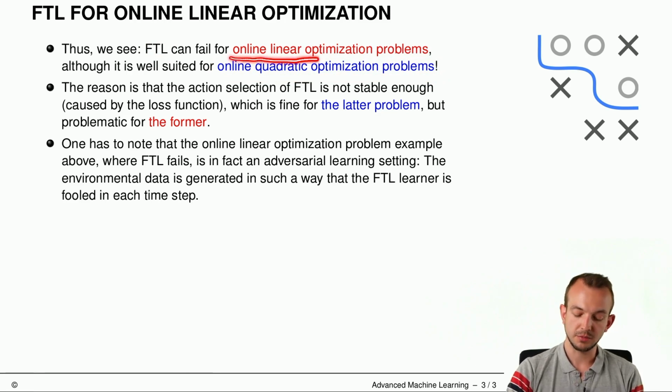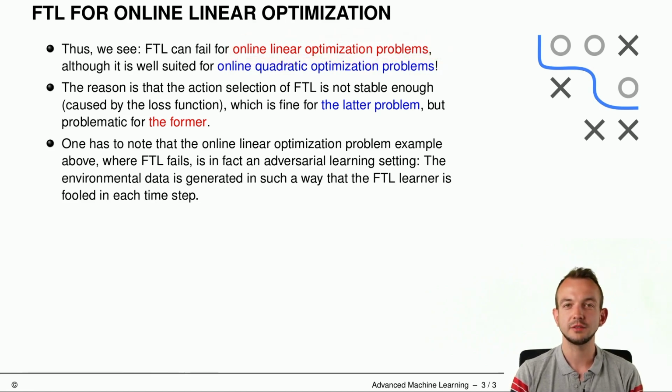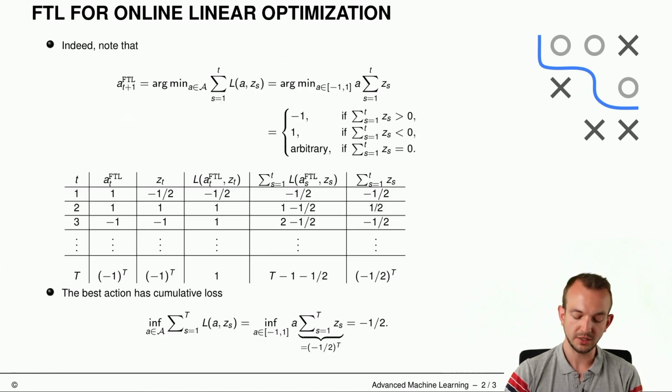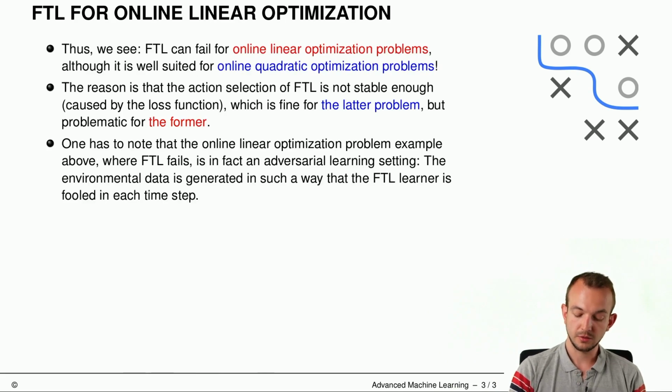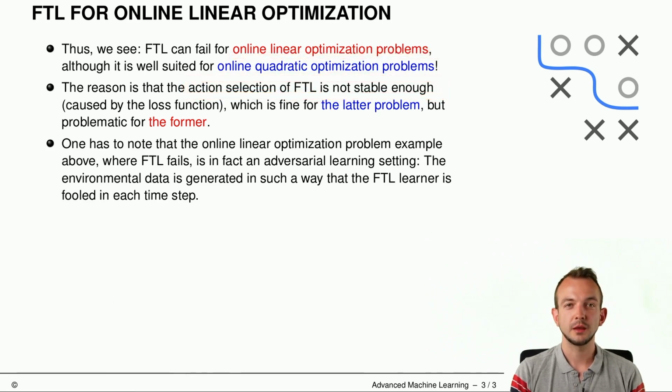In the online linear optimization problem, where we have this linear loss function, there you can have this behavior, as we just saw in the example. We were jumping from one extreme, from a +1 to a -1. So we went from one end of the action space to the other. So, in other words, the action selection in the online linear optimization problem scenario is not stable.